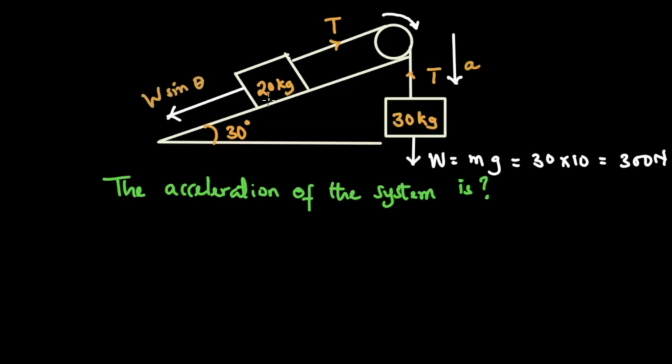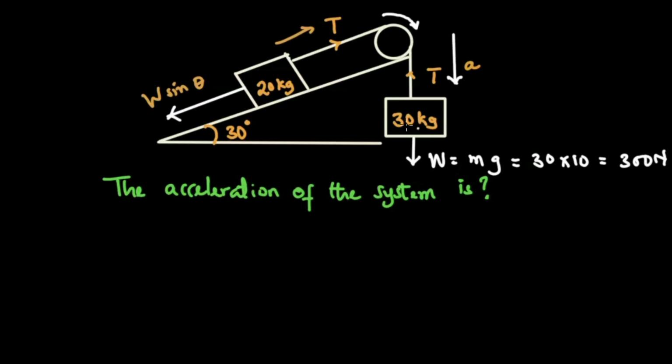Now let's consider the block of 20 kg. The movement of this block, the acceleration of this block, is in this direction. So this string is being pulled in the direction of the 30 kg mass, and so the tension will be greater than this force component.